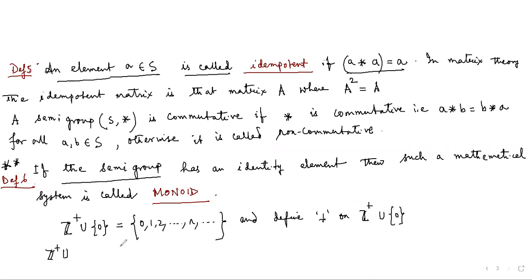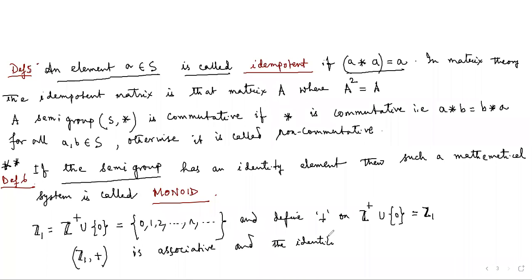Let us denote this by Z1, for simplicity. Now you see that Z1 under the operation of addition plus is actually associative, and the identity element 0 is in Z1.